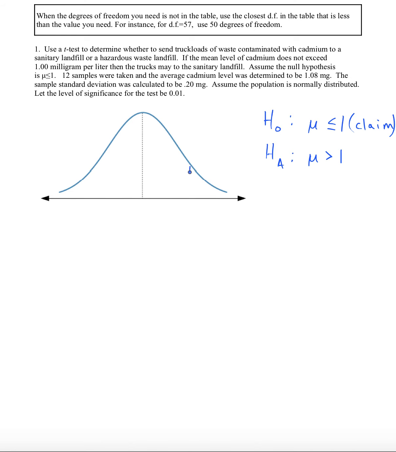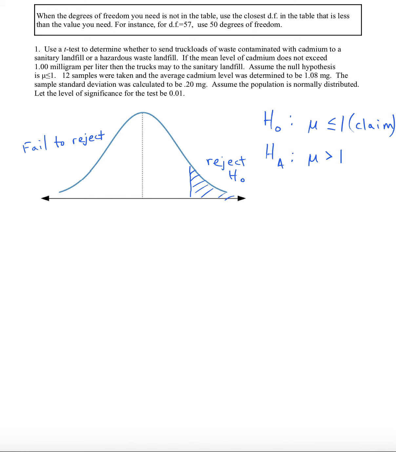That makes it clear to us that this is a right-tailed test. If it's 1 or below, it's safe. We would fail to reject. However, if the cadmium level gets high enough, we would need to reject the null.